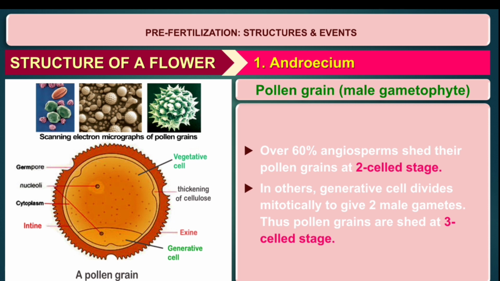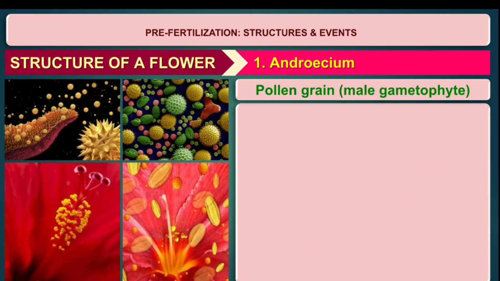The generative cell further divides mitotically, and this we call the 3-cell stage. So around 40% of pollen grains will be shed at this 3-cell stage.